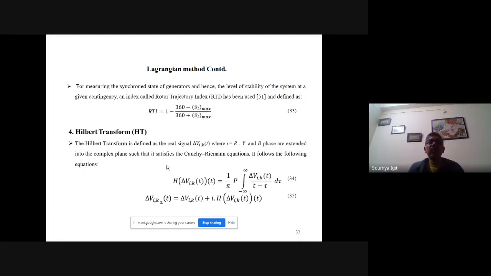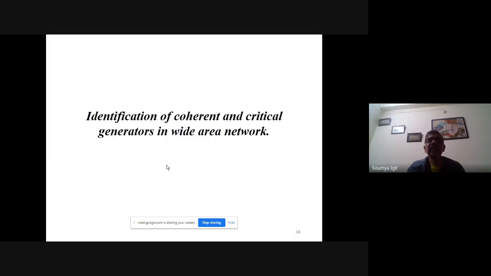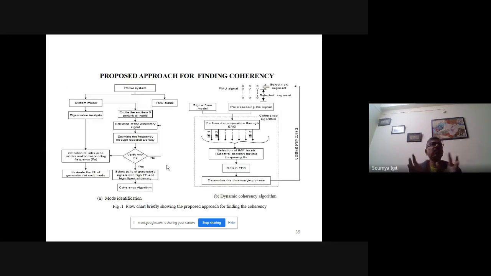Then you can evaluate the trajectory index of the rotor, and you can also use the Hilbert transform: you take the function, transfer it to an analytic function in a complex plane, and it satisfies the Cauchy-Riemann condition, and you get the Hilbert transform for the same.